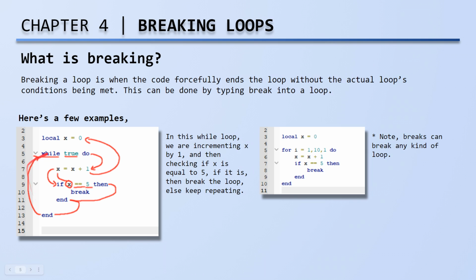If not, then keep continually doing it, right? And since this is a while true loop, if we did not have this section, it would just infinitely repeat. Okay, but since we do have this section, it's going to stop once it reaches 5. And for this as well, you can also put breaks into for I loops. Alright, as long as it's a loop, you can put a break into it if you need it.